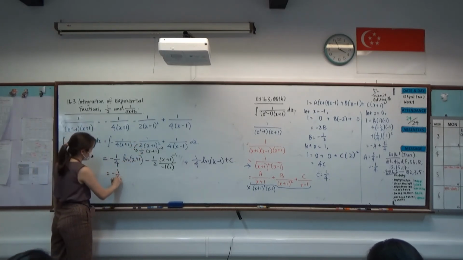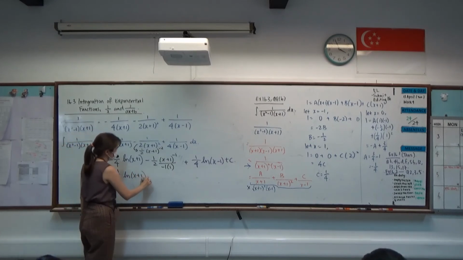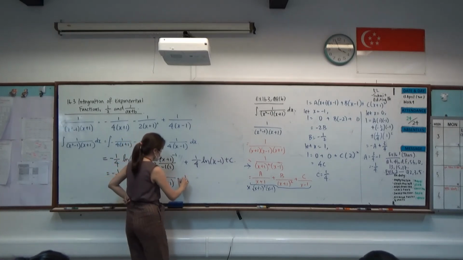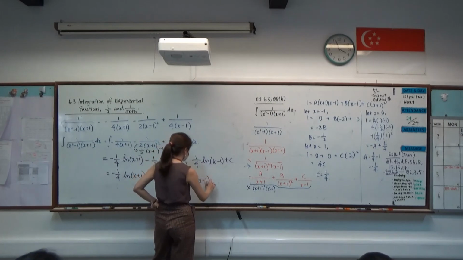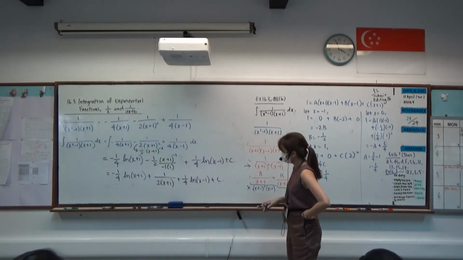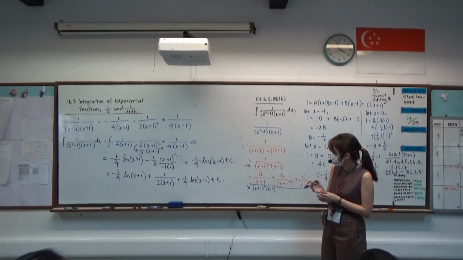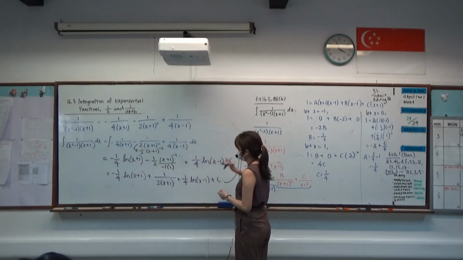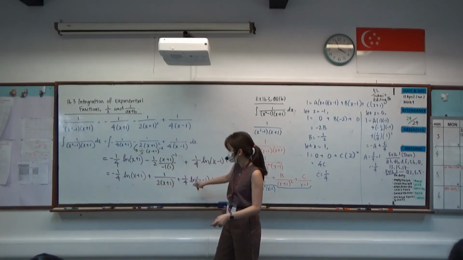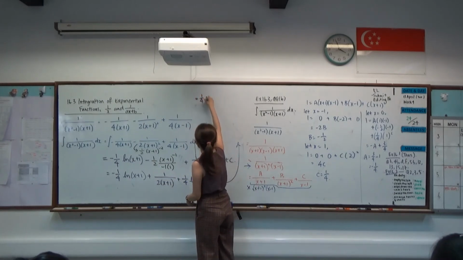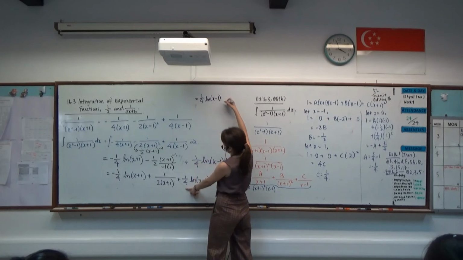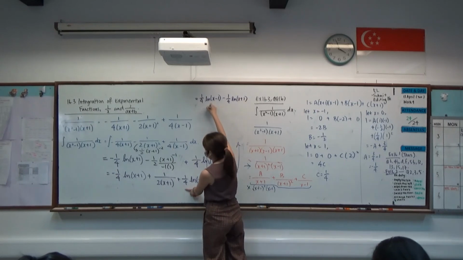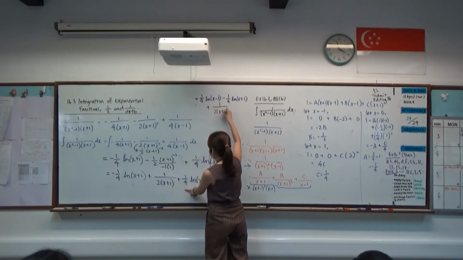Therefore, to simplify, we have this. Since just now we have learned how to simplify ln a bit, let's just work on simplifying that. This one both 1/4. It's as good as writing 1/4 ln (x minus 1) minus 1/4 ln (x plus 1) plus 1 over 2(x plus 1) plus c.